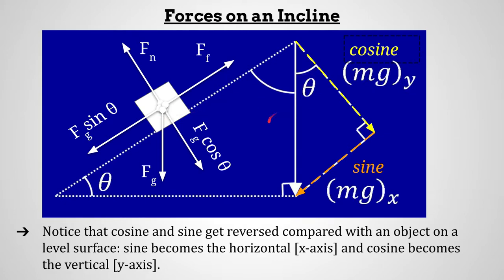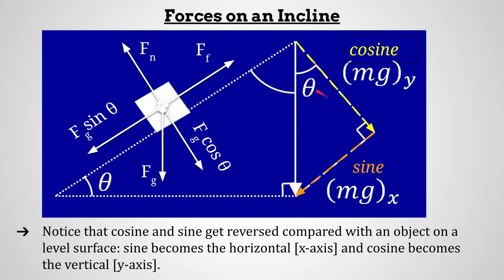Why this happens is really just geometry and trigonometry. If you have a right triangle and you start to complete the shape, turning it into a rectangle, we notice that this original angle theta is equal to this angle.